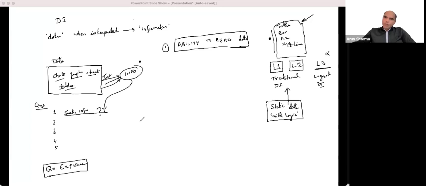So essentially, in a traditional DI question, you're given the graphs and the charts in front of you, and the information that you bring up by interpreting these graphs and charts is mostly built around data extraction, data reading and extraction.